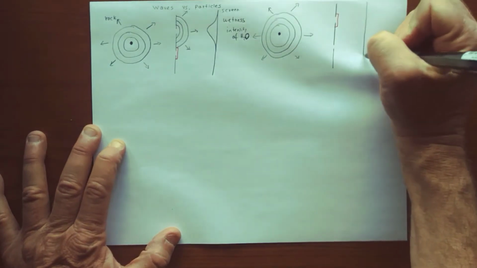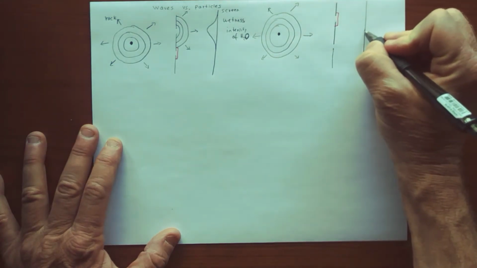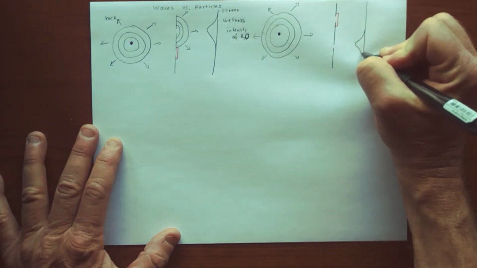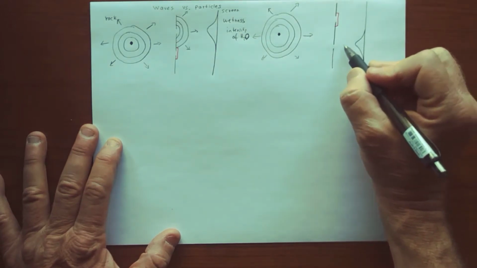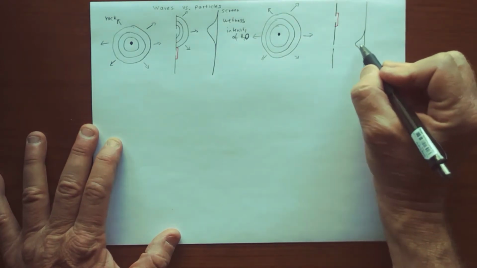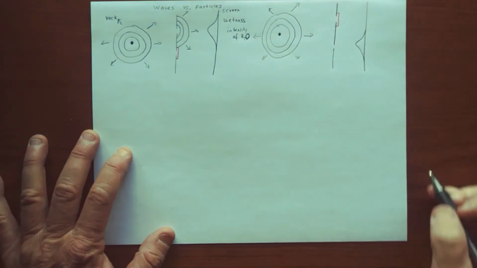Of course, we'll get a symmetric situation. We'll just shift the intensity down to the other slit so that most of the intensity is associated with the region right behind the slit. Okay, so this is sort of the wetness.